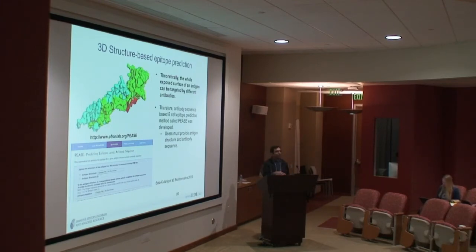So you have a specific prediction now, not a blind prediction where you predict the whole surface accessible residues which might be targeted by some antibody out there. We don't know. But if you want something specific, you might end up using this algorithm.